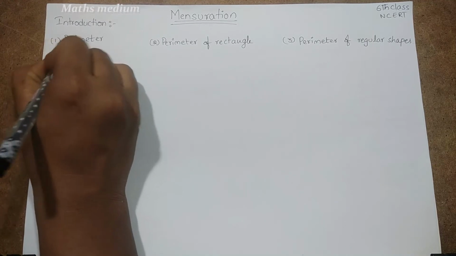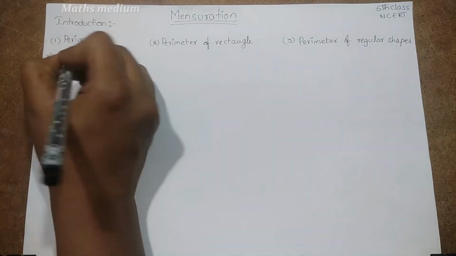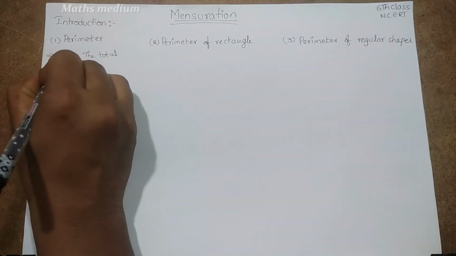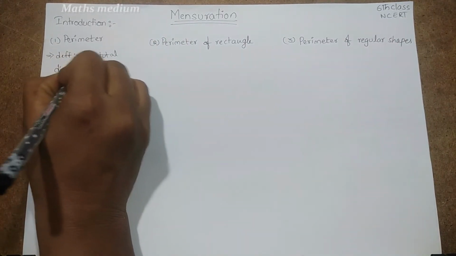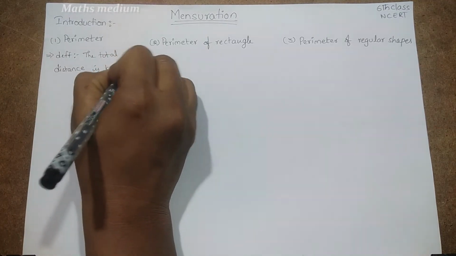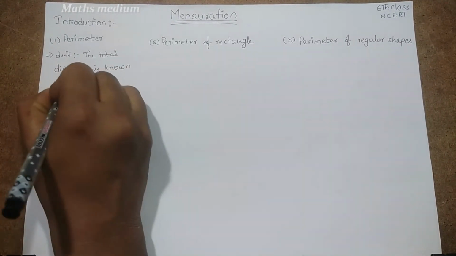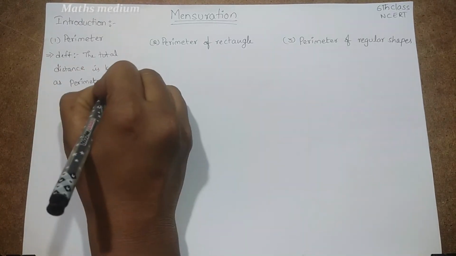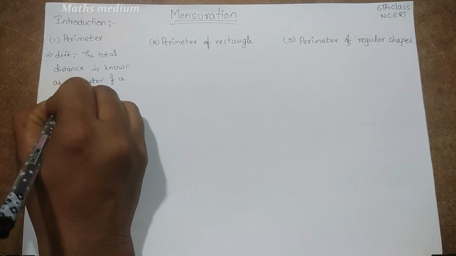Here is the definition: the total distance is known as the perimeter of a closed figure.